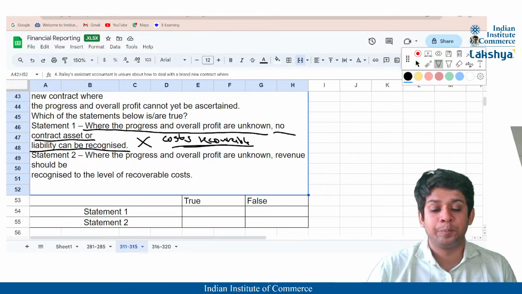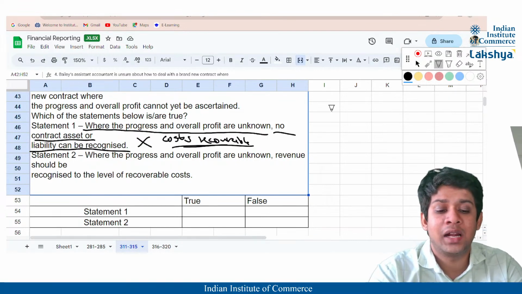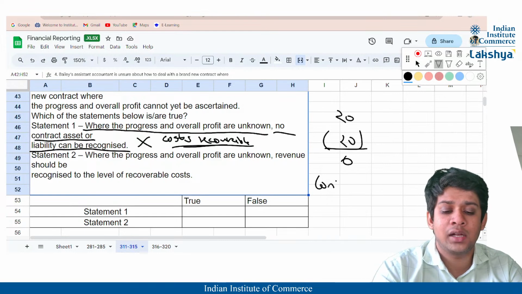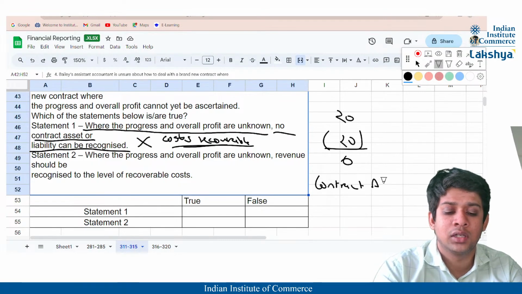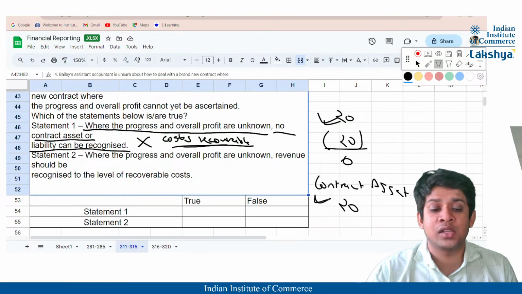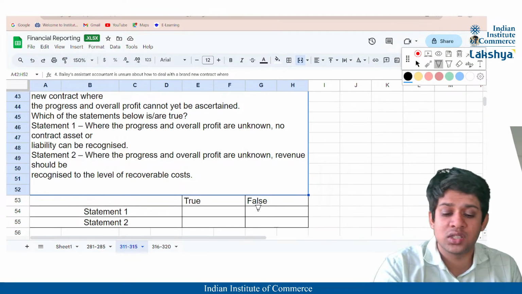If you remember that sum, my revenue recognized was 20 because my cost incurred to date was 20. So my profits are none. So I can recognize a contract asset, right? I've incurred these costs to date, but the customer has not paid me. So it can be recognized. That means the first statement is false.